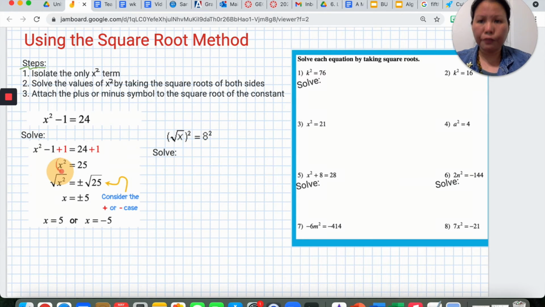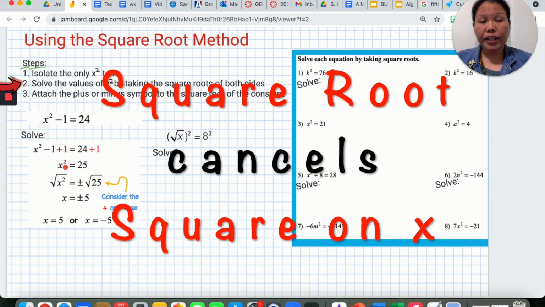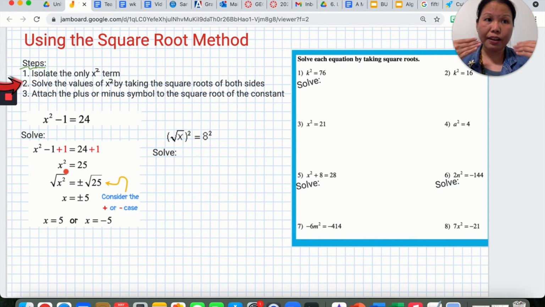Do the inverse of the square on the x by doing the square root. If I have a 3 as an exponent, I take the cube root on both sides. If I have a 4 on the x term, I would take the fourth root on both sides. And for the fourth root, you write the index 4 on the outside, just like that, to cancel out the fourth exponent, just like the square and the square root cancel.